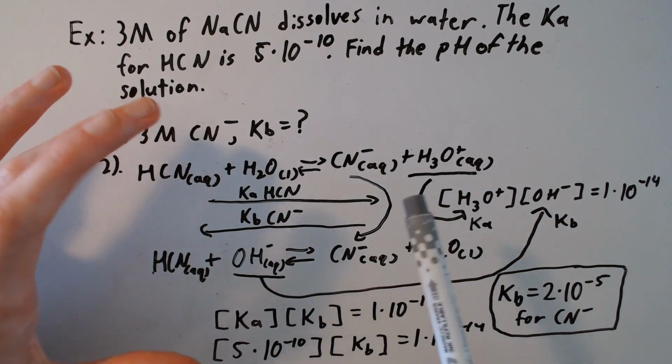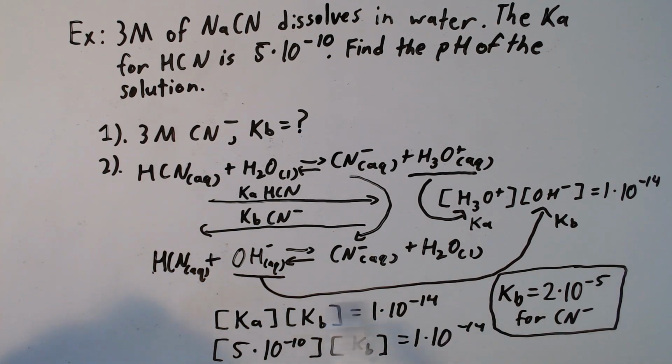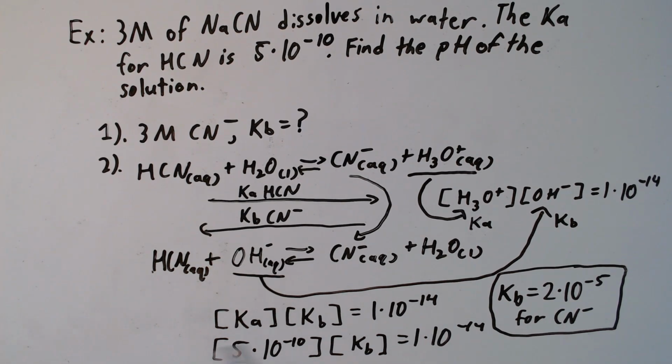You can actually play around with these equations and rearrange them in a way that shows that this formula is indeed correct, but I am not going to do that here. I'm just going to illustrate this basic concept where Ka corresponds to the concentration of H3O+, the Kb corresponds to the concentration of OH-, and since H3O+ times OH- is equal to 1 times 10 to the negative 14th, therefore the Ka times the Kb is also equal to 1 times 10 to the negative 14th.